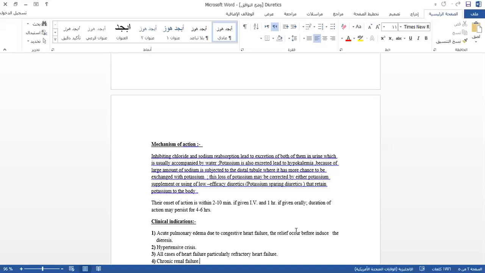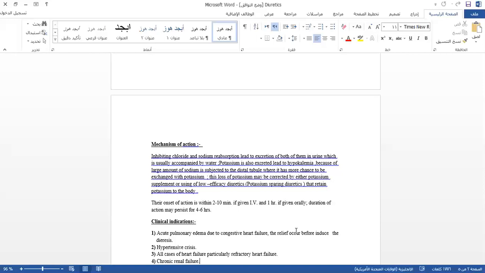Hypokalemia can be corrected either by using potassium supplements or by using low efficacy diuretics, which act as potassium sparing diuretics. Onset of action of a high efficacy diuretic when given intravenously is within 2 to 10 minutes only. It has a rapid onset of action, and about 1 hour if given orally, with a duration of action that may persist for 4 to 6 hours.